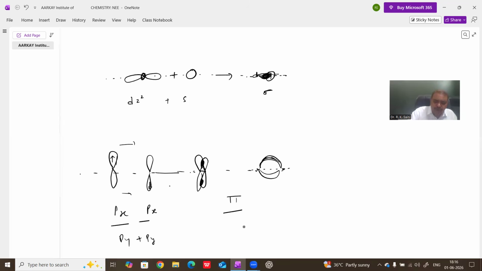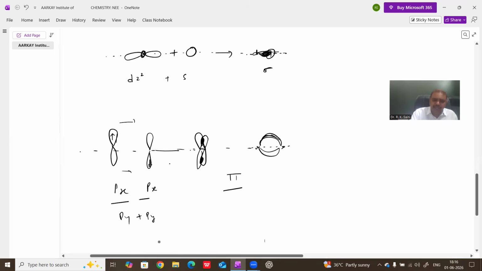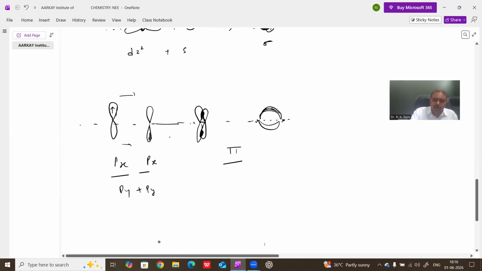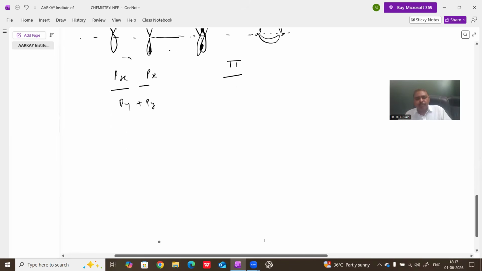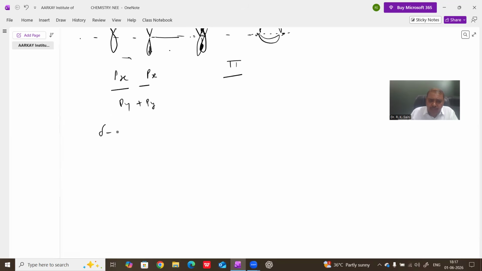In the case of the delta bond, d orbitals take part in delta bond formation, and hence such bonds are present in complex species. The delta bond is formed by the face-to-face overlapping of d orbitals. For example, this orbital is dx square minus y square.